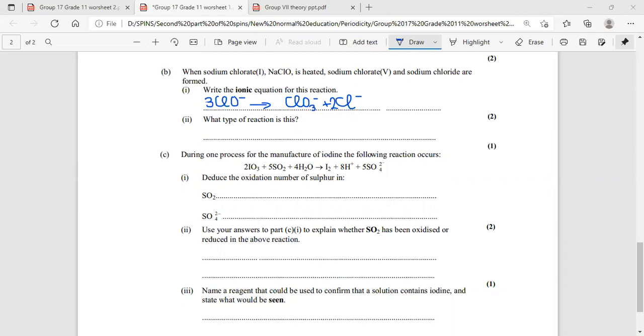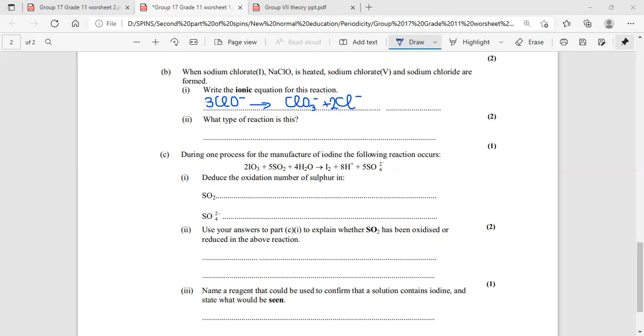Is it disproportionation? Disproportionation. Okay. Then what does it mean by disproportionation? One substance is oxidized, but then also reduced.